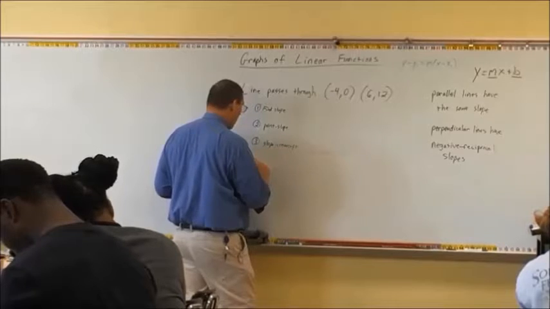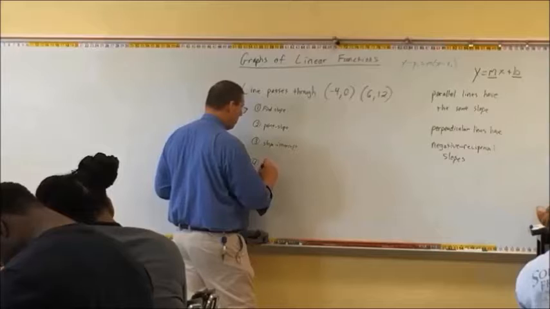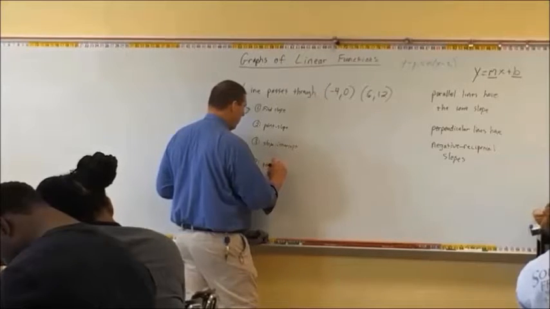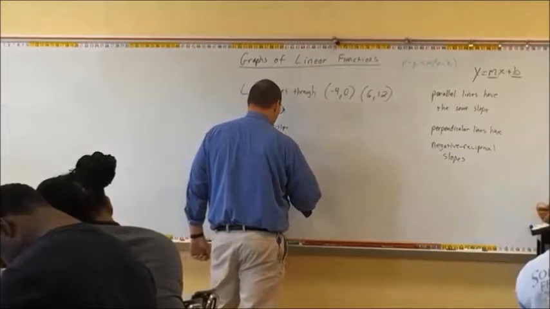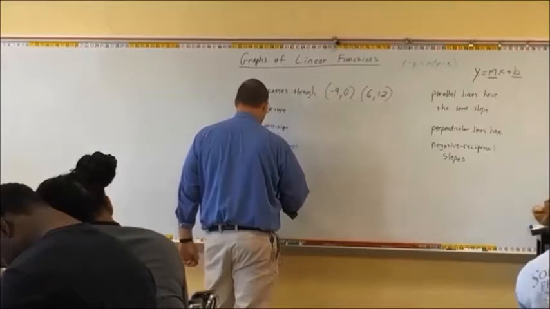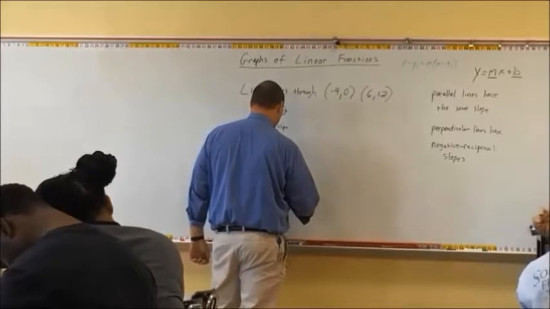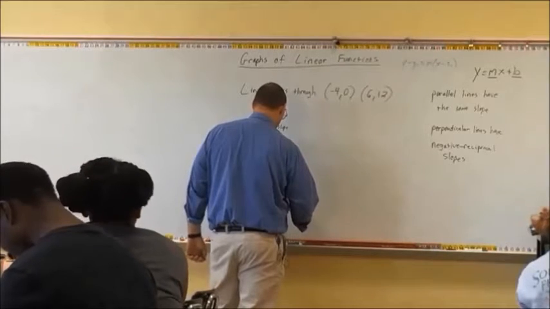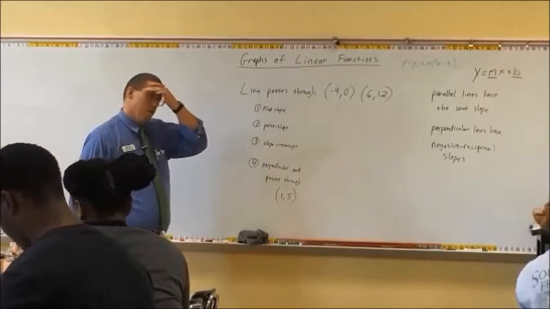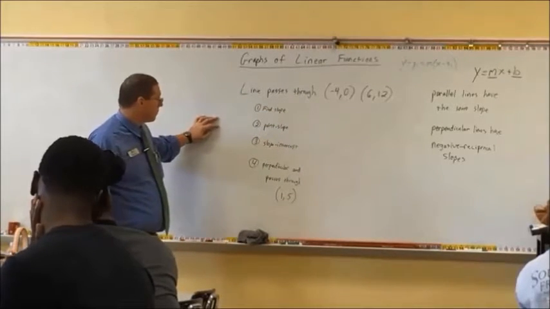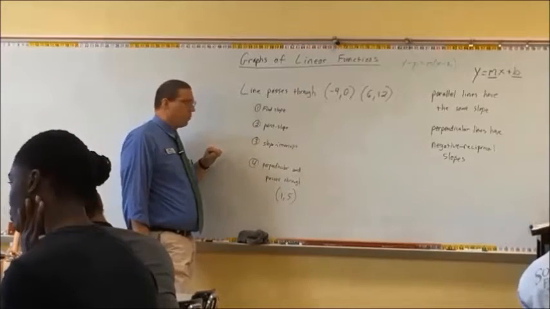And then four, I want you to identify a line that is perpendicular to this line and passes through the point 1, 5. Passes through the point 1, 5. Okay? Why don't you take about 3 or 4 minutes, and then I'll work through it, and then we'll be done.